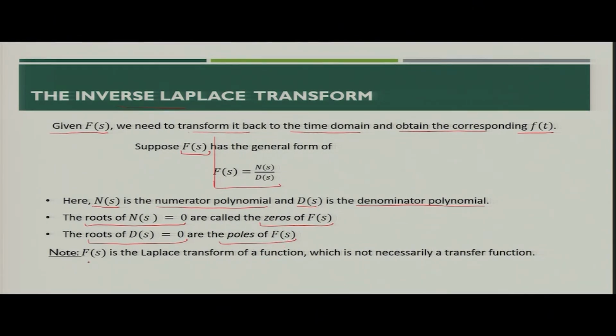Now, we have to keep in mind that F(s) is the Laplace transform of one function f, which is not necessarily a transfer function. So, we have to keep this in mind so that we are not confused between the transfer function and the Laplace transform.